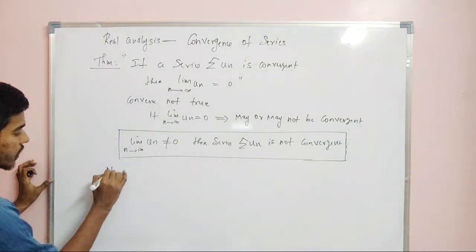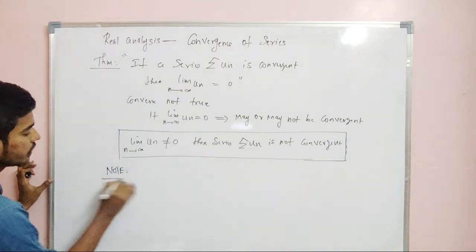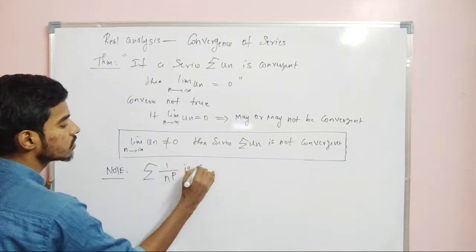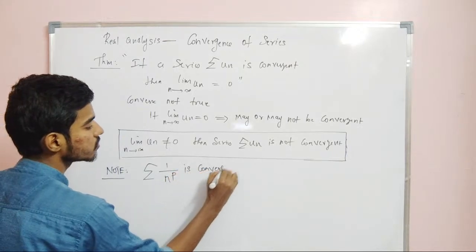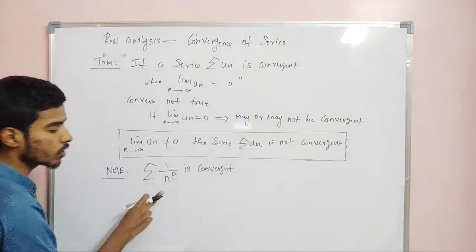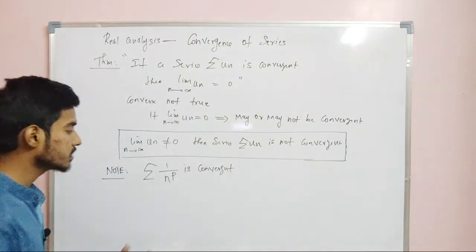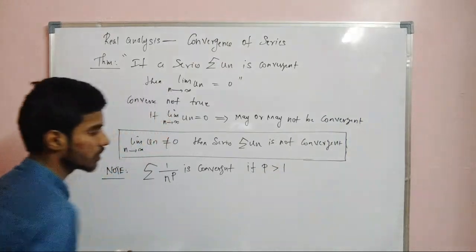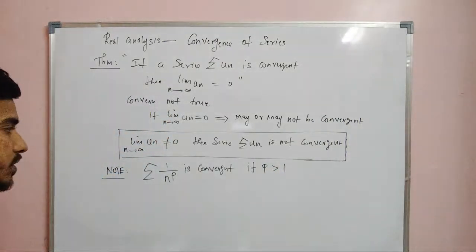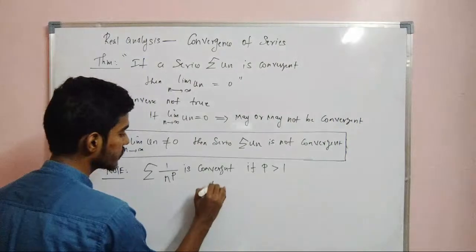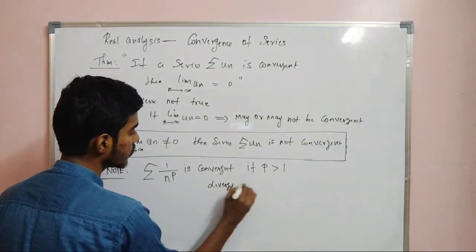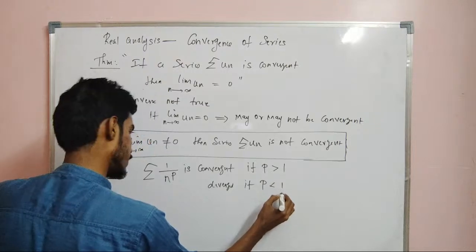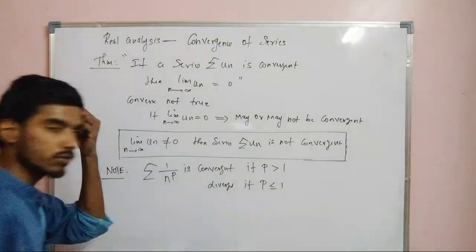And take another note: the series summation 1 by n power p is convergent if p is strictly greater than 1, right? And it will be divergent if p is less than or equal to 1, right?